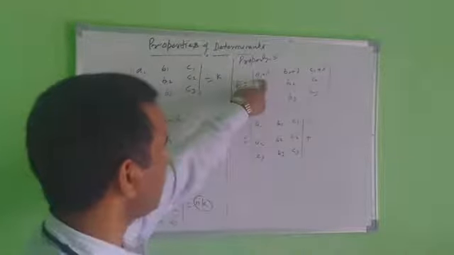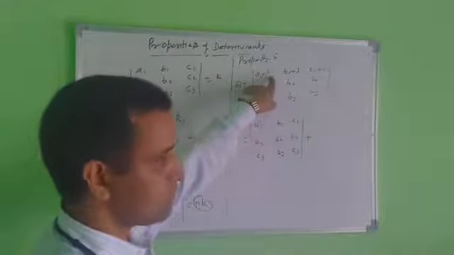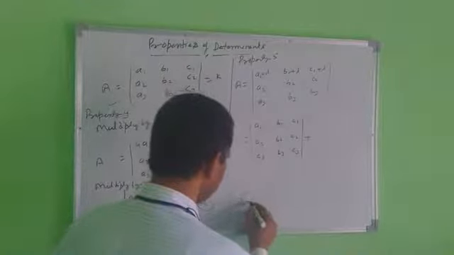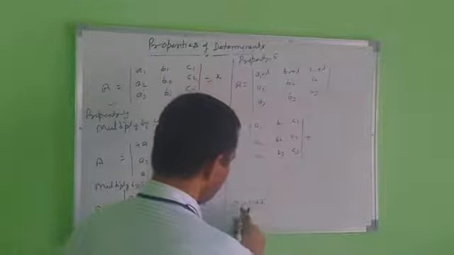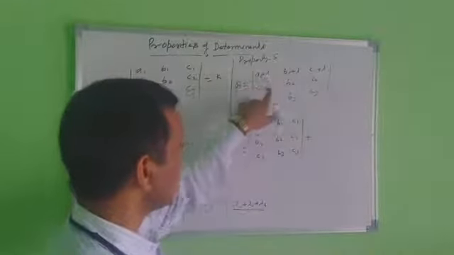How to write this? Suppose you write a plus lambda 1 plus lambda 2 plus lambda 3. How many terms do you write? Suppose you write a plus lambda 1 plus lambda 2, there are 3 terms, so you can write it 3 times. Suppose you have 2 terms, you can write it 2 times.